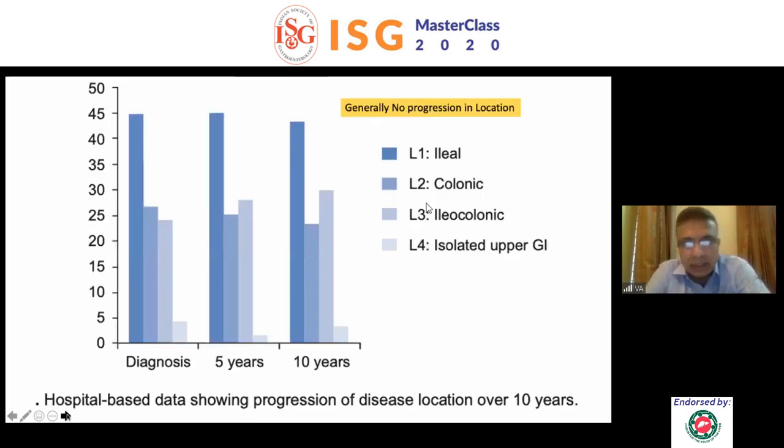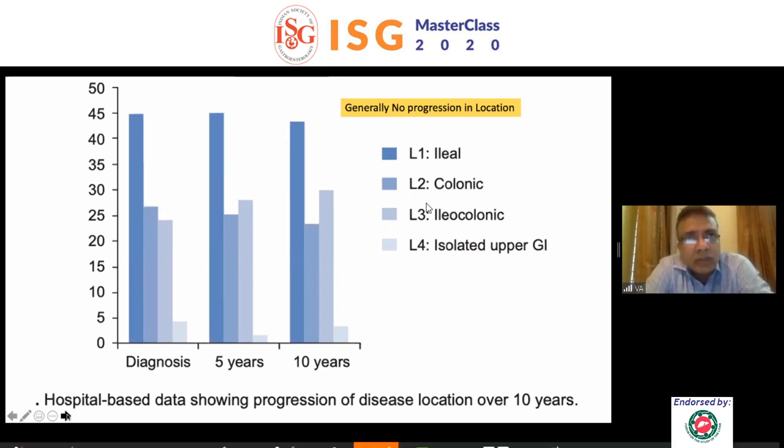Now, regarding phenotype, there are two concepts we have to understand which make Crohn's disease different from ulcerative colitis. If you look at this graph, it shows what the location was at diagnosis, 5 years later, 10 years later. And what we find is the location remained the same.